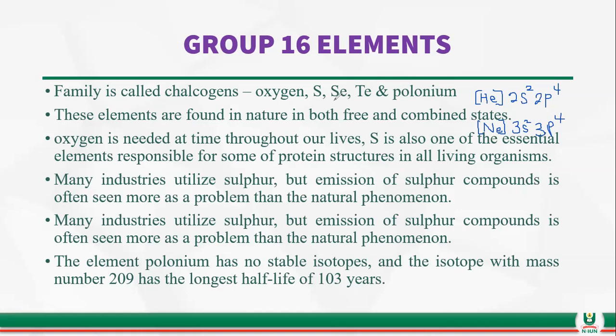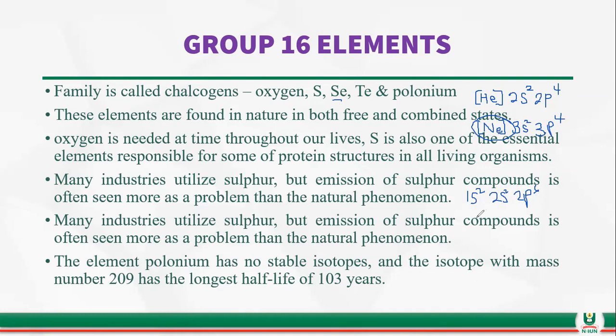If you want to know the electronic configuration of selenium, it's the same thing. You get the noble gas and you continue. But instead of using the noble gas, if you want to write it long, it depends on you. You can start all the way from scratch, and that will be 1s2, 2s2, 2p6.